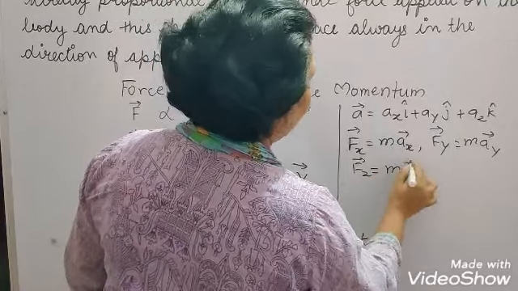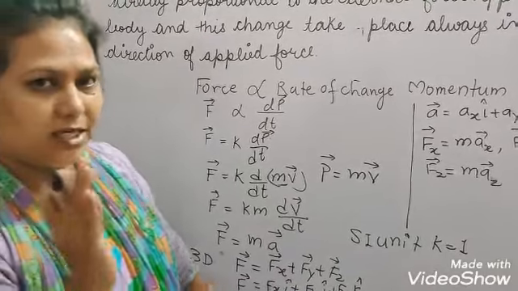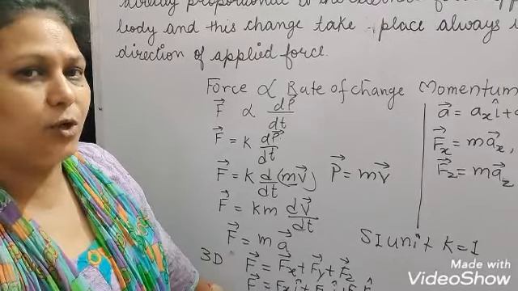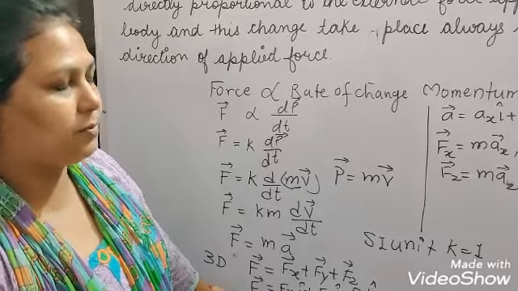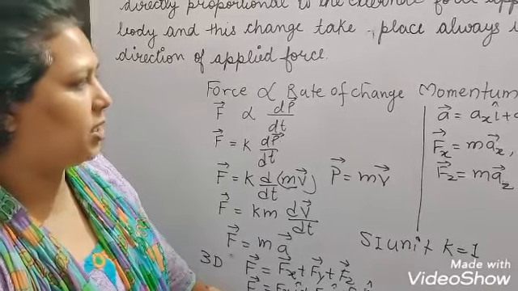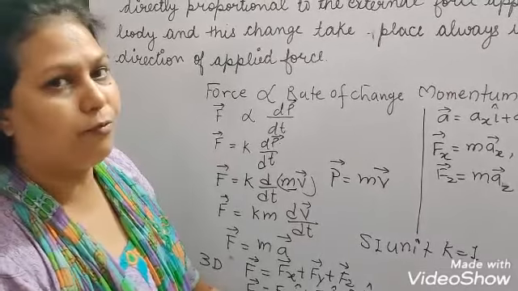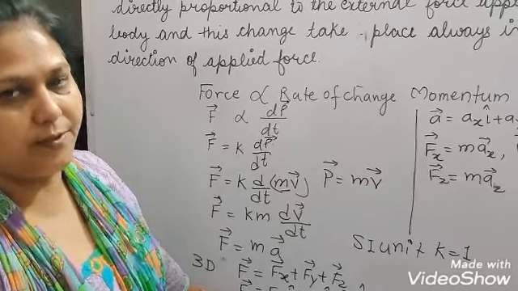What you will see here, ultimately the magnitude of the force is measured by the product of mass and acceleration. That means the product of mass and acceleration gives us force. So Newton's second law of motion gives us the measure of force.